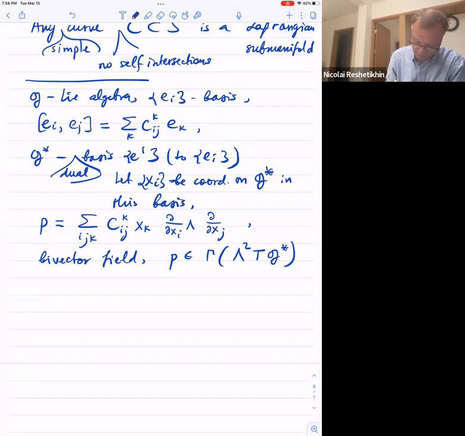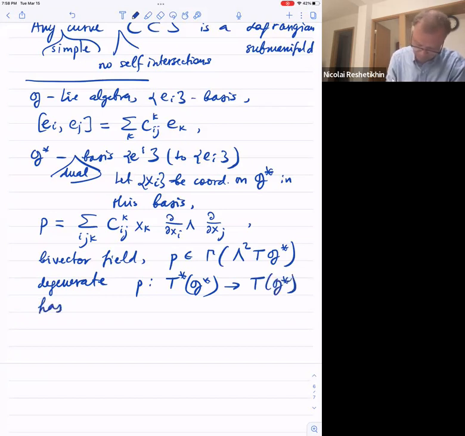But it's degenerate in the sense that P, as a mapping from the cotangent bundle, just the contraction of covectors and vectors, to the tangent bundle, has a kernel.